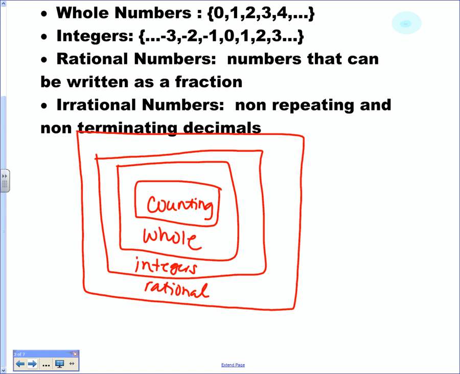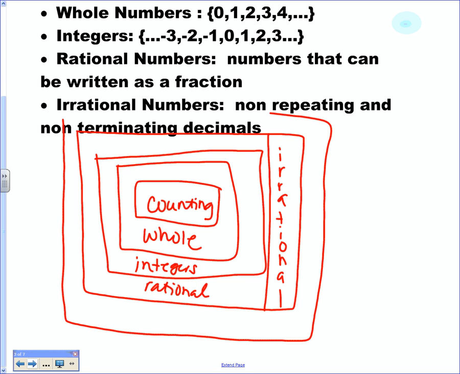Do what? Yeah. I was going to do it like that, but then I don't know how to write. Okay, I'll do it this way. I was trying to figure out how to make it so I could write irrational, like out, but I had made it too small. And then you have your reals.